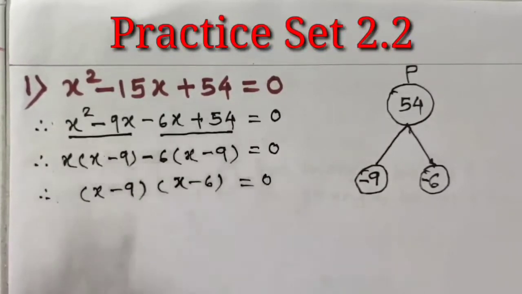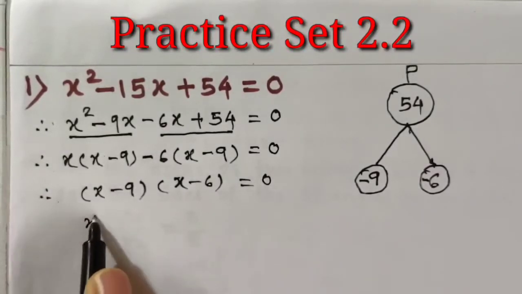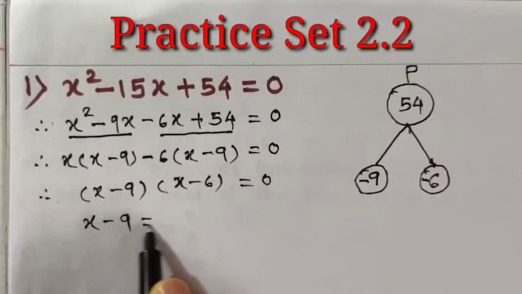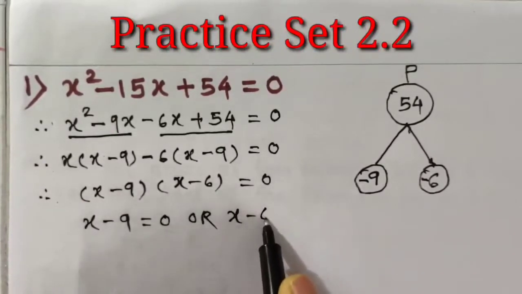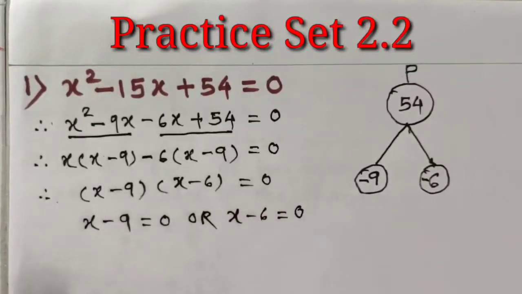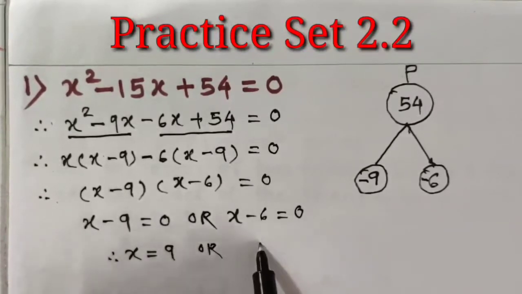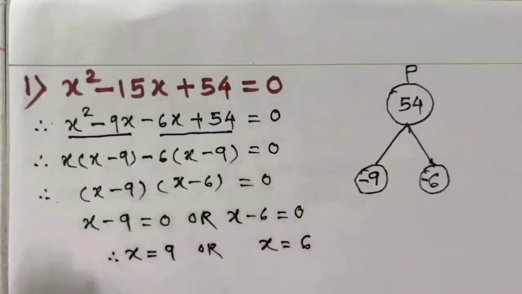is equal to 0. Whenever the product of two numbers is 0, either the first number is 0, that means x minus 9 is equal to 0, or x minus 6 is equal to 0. Whenever x minus 9 is equal to 0, this becomes plus 9. Therefore, we get x is equal to 9 or x is equal to 6.